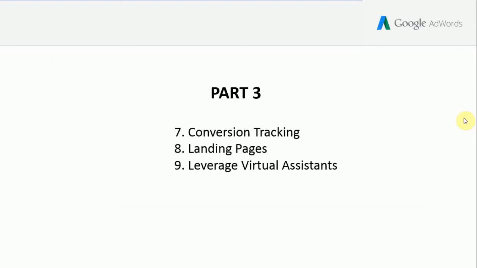Now, conversion tracking is massively important. We didn't touch on it in part 1 or 2. If you've been avoiding it up until now, it can be a little bit scary to think about. It is super easy to do, and it's going to allow you to magnify where you spend your advertising dollars.